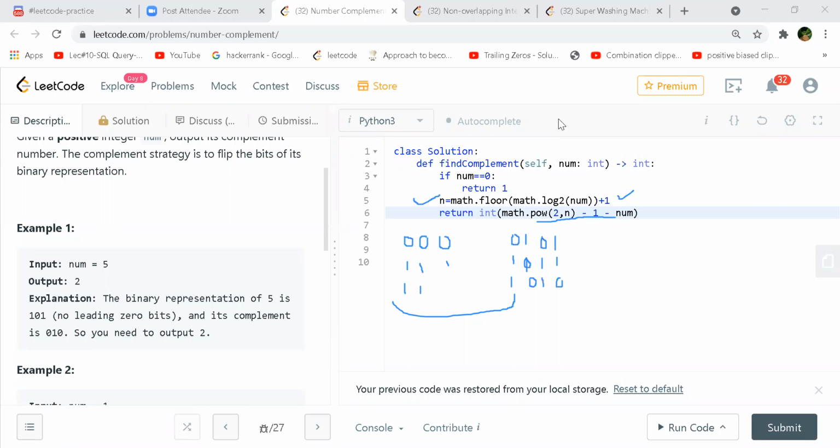Oh, so you're saying this will be the same, correct? Yeah. Okay, and here you are saying they will be all zeros, right? He's telling math.pow 2 raised to power 3 minus 1 is 7. So all the front will be zeros and 3 set bits will be there. Yeah, so these all will be ones. Yeah, in that case it will work.